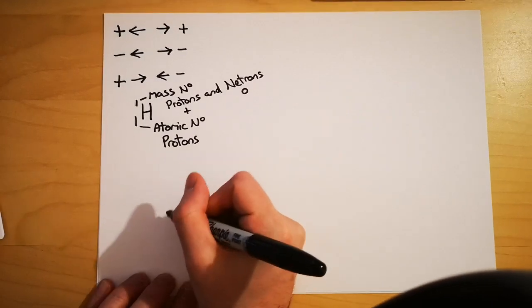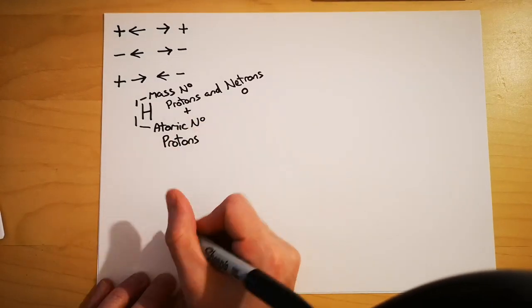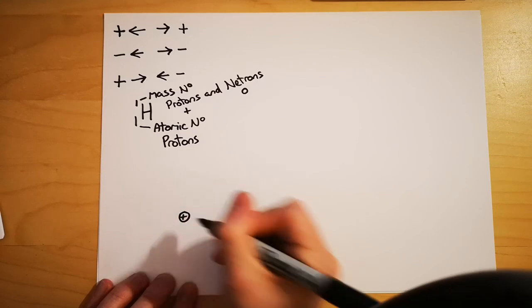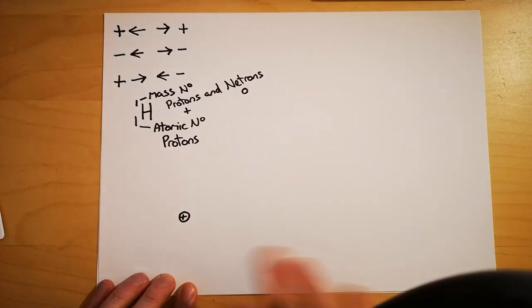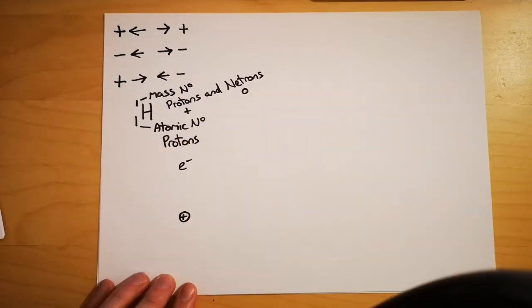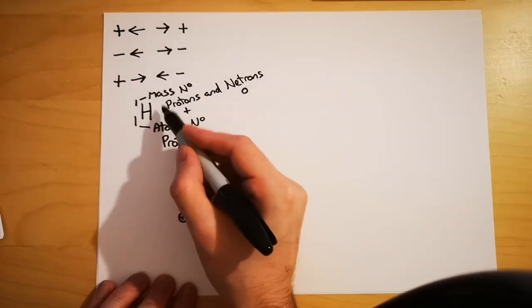So, if we've got an atomic number of 1, that means we only have 1 proton in our nucleus, and we may have 1 electron on the outside if we have no charge.